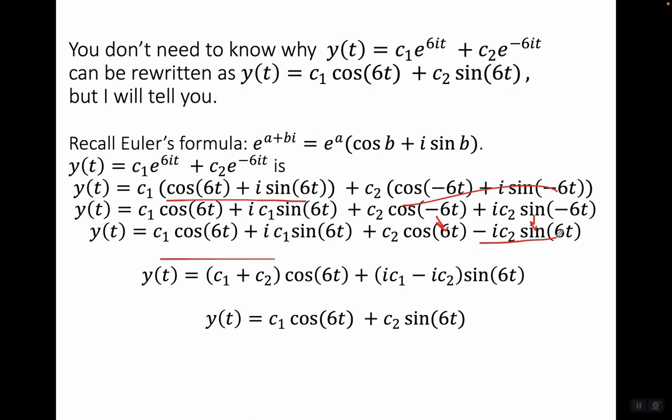We're just grouping the cosine 6t and the sine 6t terms. These are all just constants, so we're going to call the first one c1 and the second one c2. That's why y of t equals c1 cosine 6t plus c2 sine 6t. Do you need to know that? No, you really don't need to know that, but I just felt an obligation to tell you anyway.